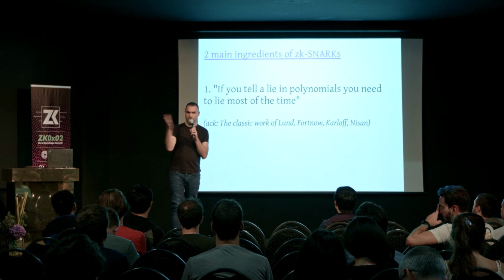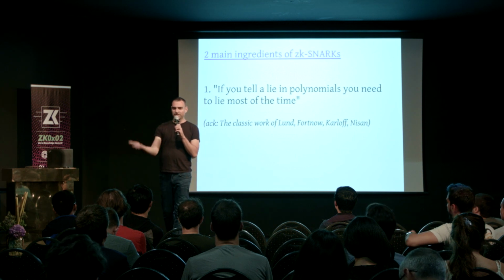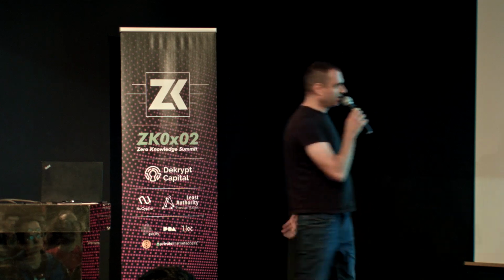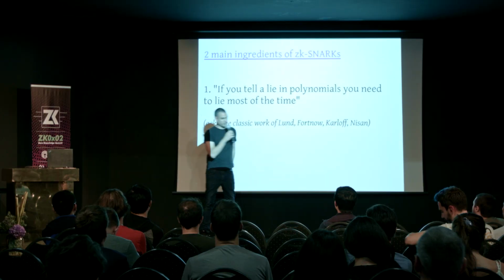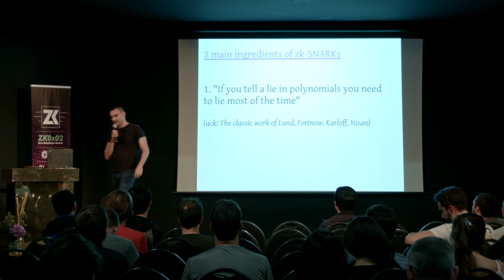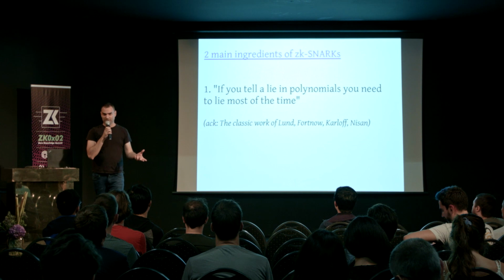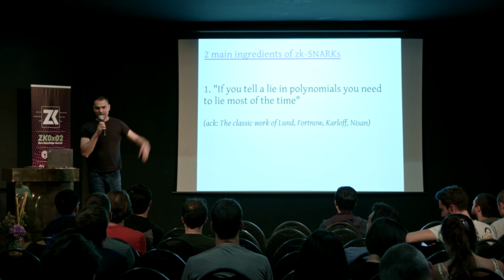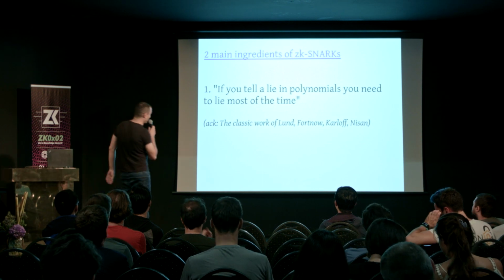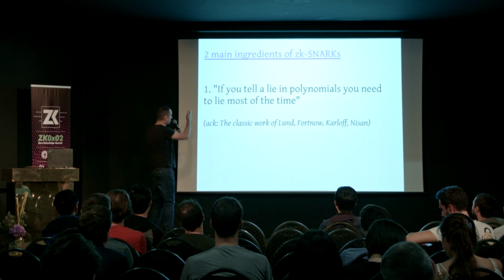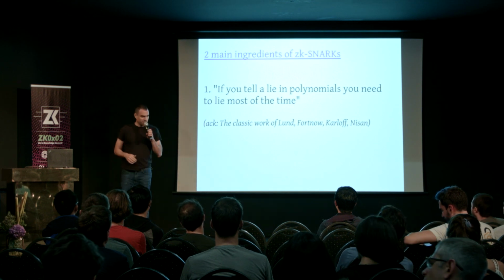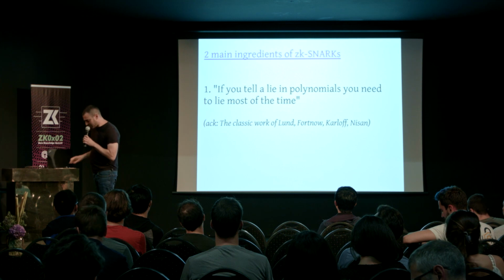Say I want to prove to you there's no solution, and I want to do it quickly without you having to go through all the possibilities. This classical work of Lund, Fortnow, Karloff and Nisan allowed us to efficiently prove what are called co-NP statements, for example, there is no solution to this Sudoku puzzle. So if you tell a lie in polynomials, you need to lie most of the time.